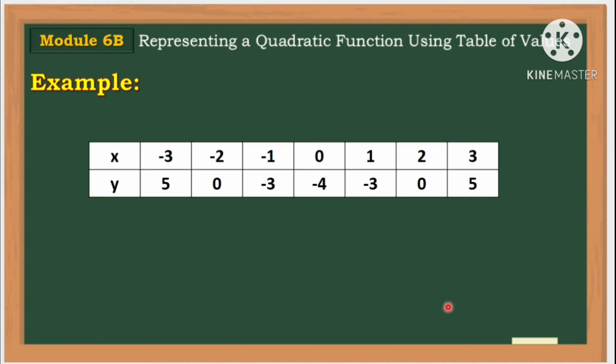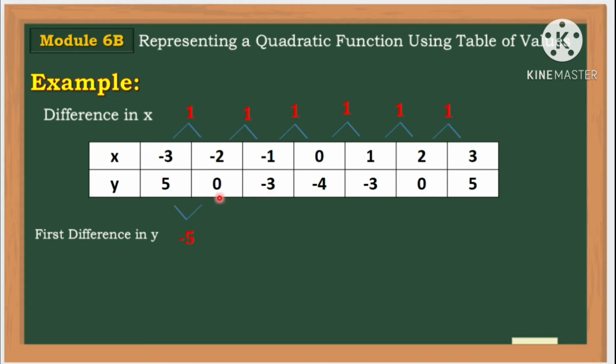So, another, we have here, given table of values, the x and the y values. Difference in x, so same process, negative 2 minus 3, 1, so lahat sa taas ay 1. First difference in y, so 0 minus 5, negative 5.